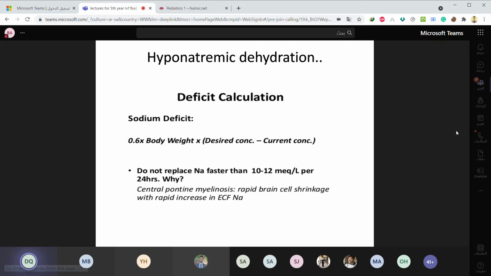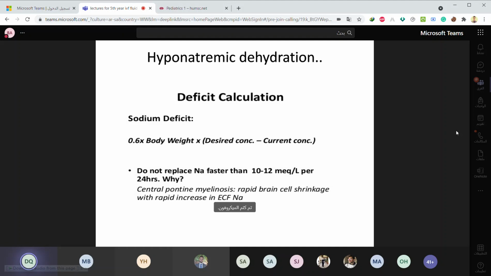In hyponatremic dehydration, we have to do a deficit calculation. Sodium deficit equals 0.6 multiplied by the body weight multiplied by the desired concentration minus the current concentration of sodium. Do not replace sodium faster than 10 to 12 milliequivalents per liter per 24 hours. Why?